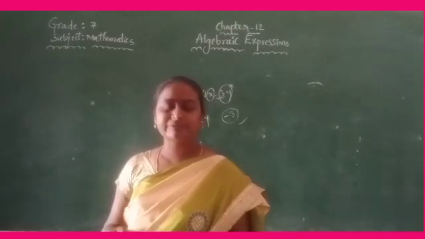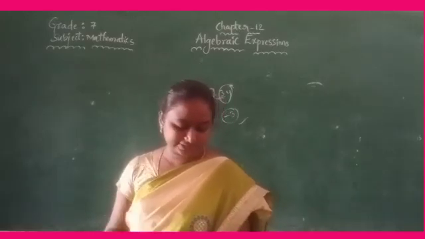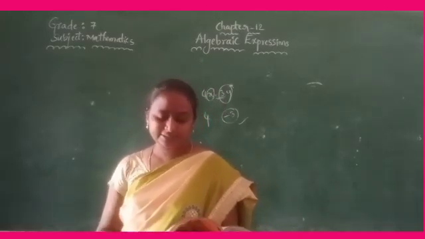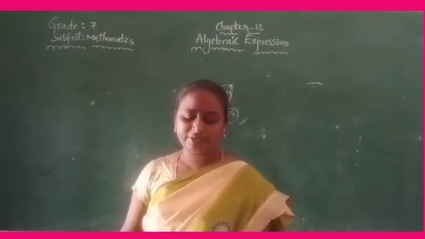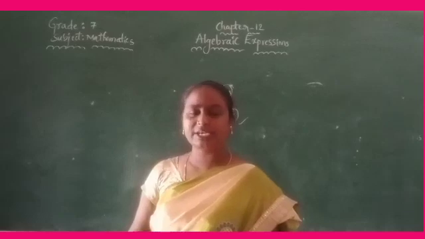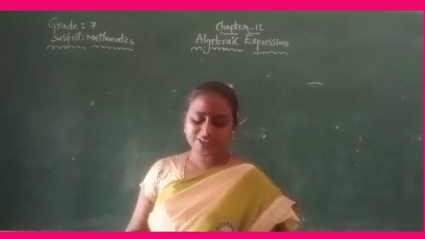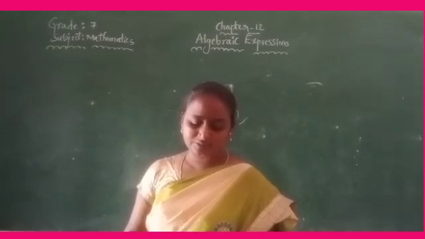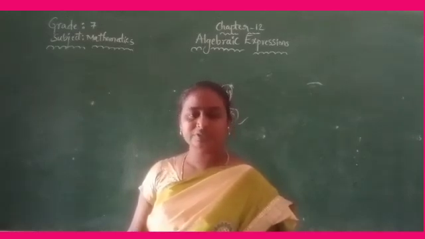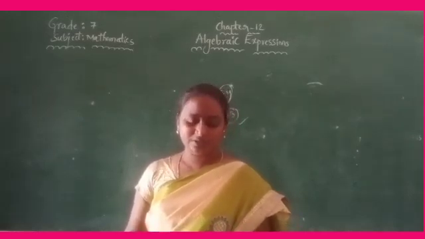Unlike terms means different algebraic factors. So here also binomial, monomial, trinomial. You have to classify the following expressions as monomial, binomial, trinomial. So solve all these problems today. These I am giving you as homework.